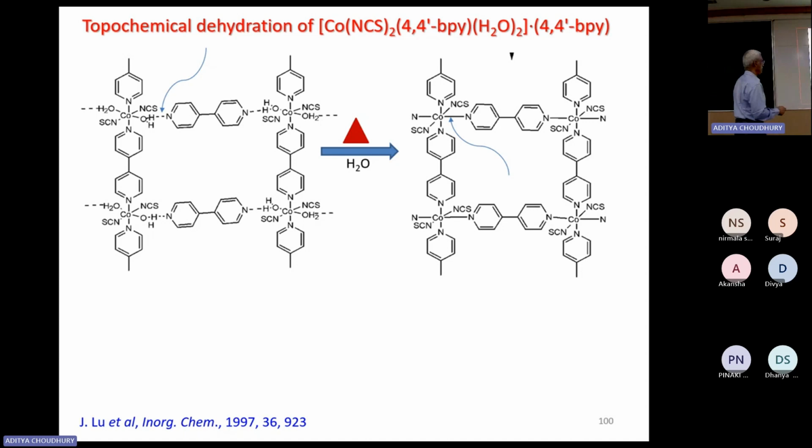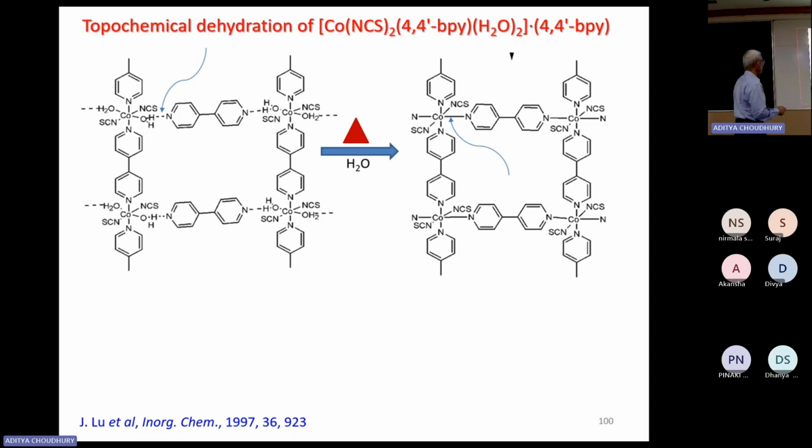Between the two strands, it is nicely placed. This pyridyl nitrogen is hydrogen bonded to water. That's what you expect, a weak interaction. All right, this is what happened.